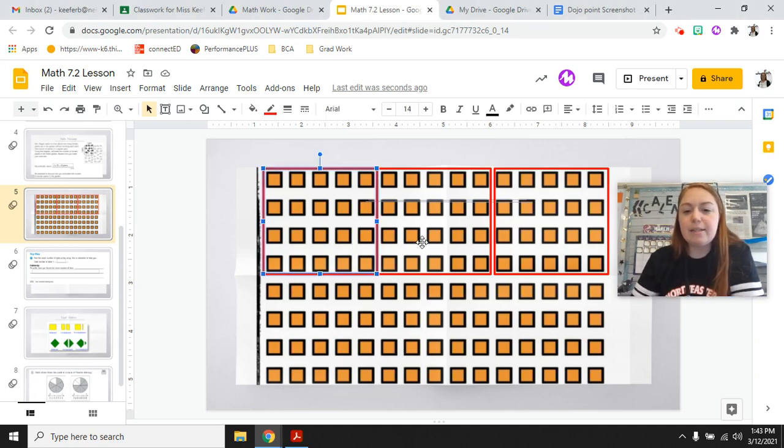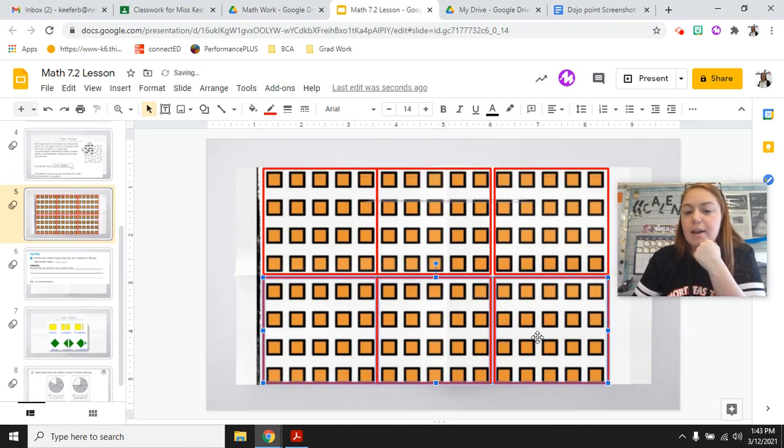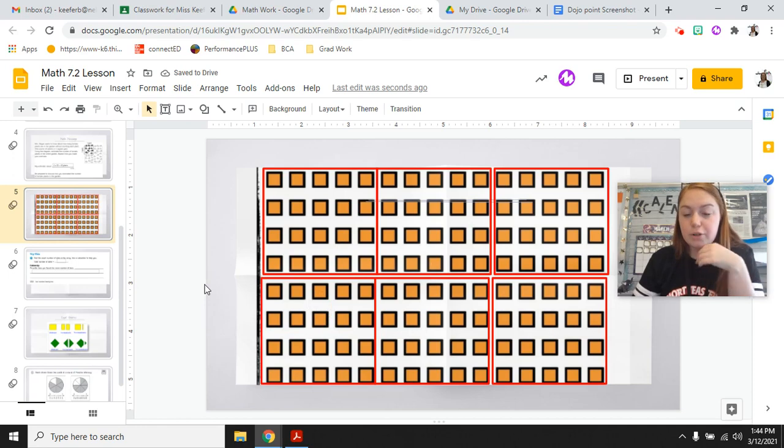Well, if this all equals 60, and I copy and paste these, and I see there's another perfect fit for these 3 larger squares, I could do 60 plus 60. What is 60 plus 60? So this one would be 120. This shows us that there are 120 squares in this array.